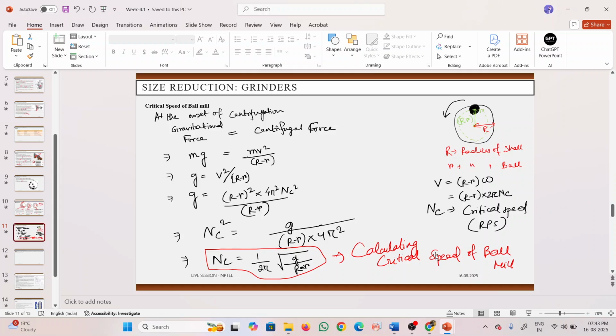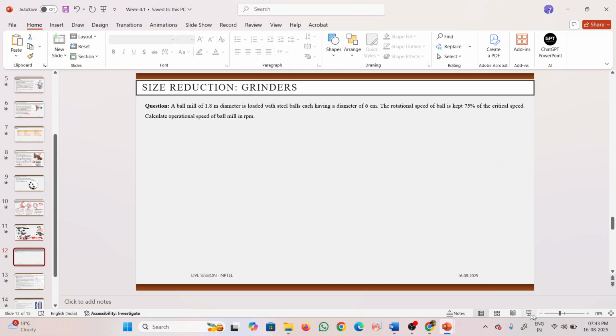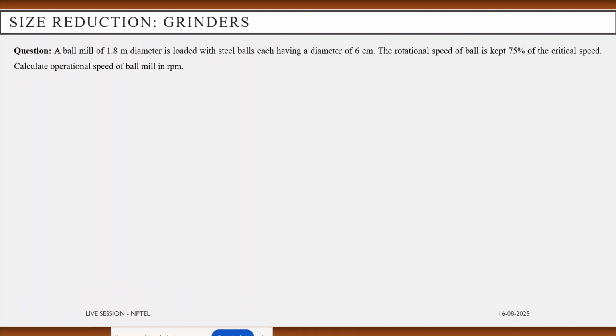So we have now derived the formula for the critical speed of the ball mill. Let's now do a numerical to understand how to apply this equation. A ball mill of 1.8 m diameter is loaded with steel balls, and the diameter of those steel balls is 6 cm.